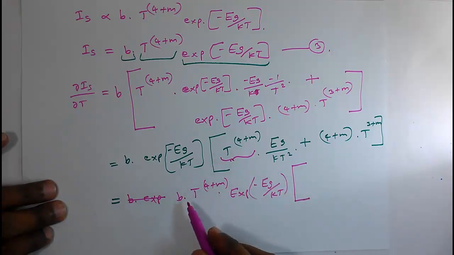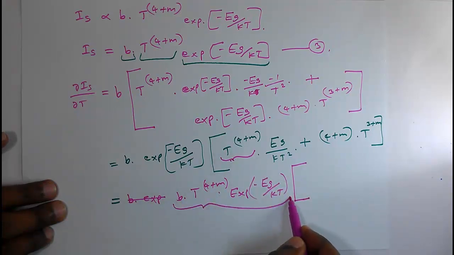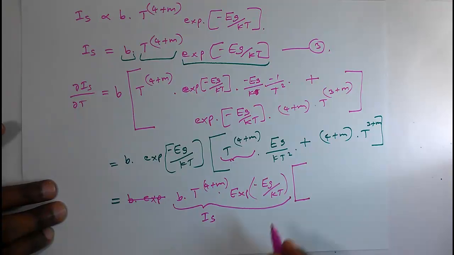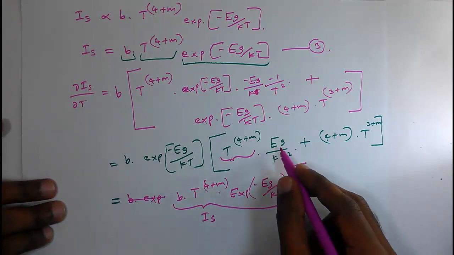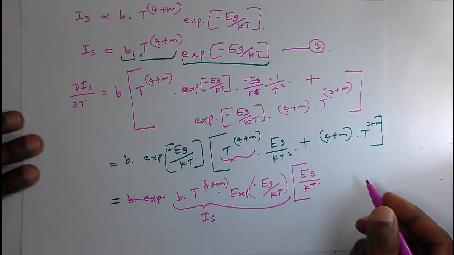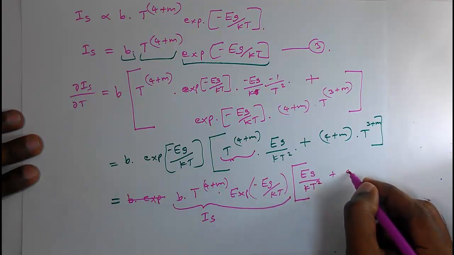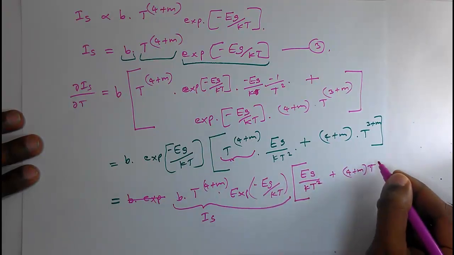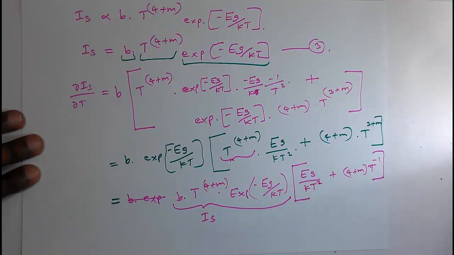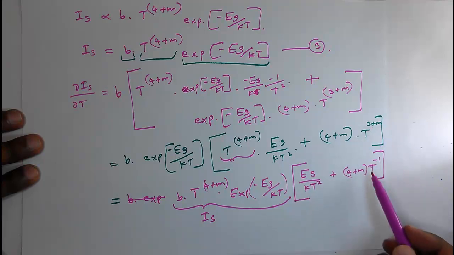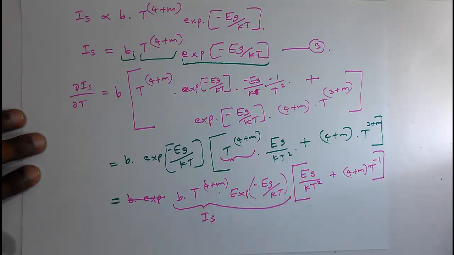If we take this term outside, we will get this term. This is exactly equal to our Is. So I took this term outside, then here is Eg by kT square plus 4 plus m into T to the power minus 1. So we took T to the power 4 plus m from here, so it became minus 1. So now I can replace this term with Is.